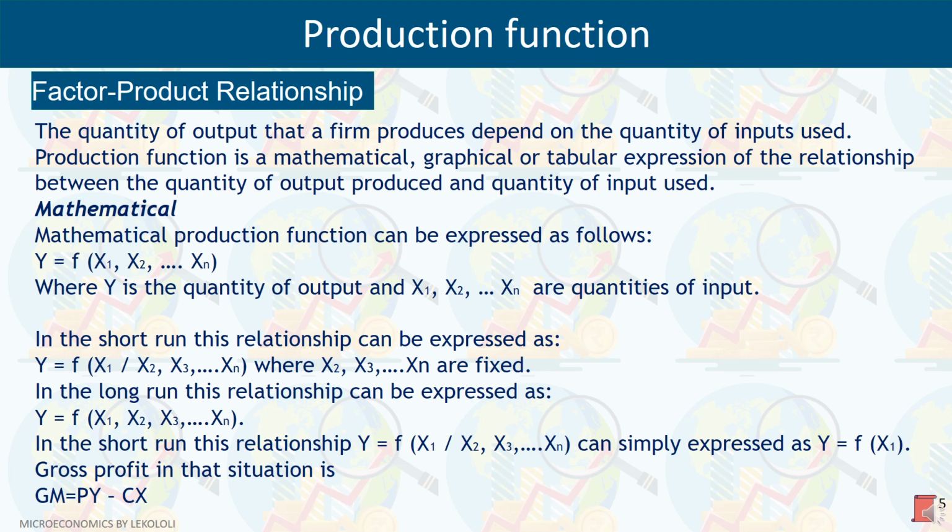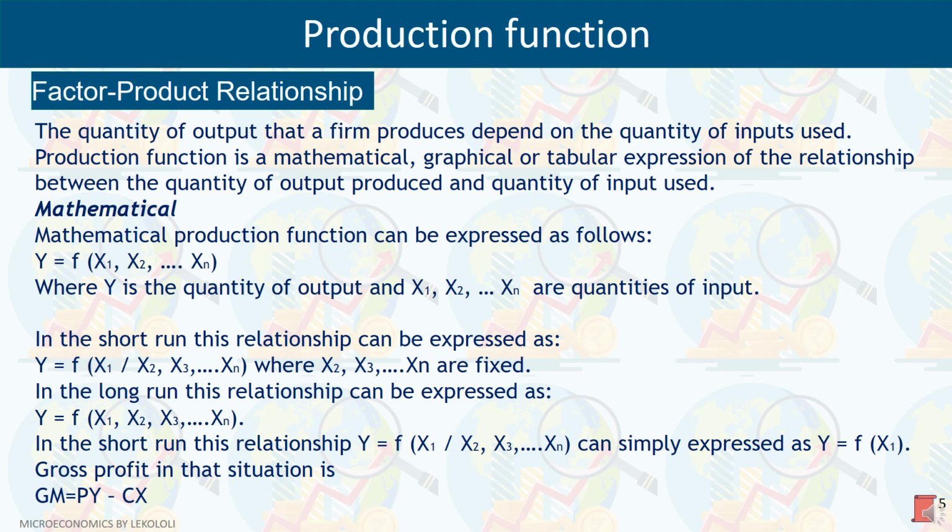Essentially, we are saying that in the short run, we can only change the variable inputs like labor and materials, while some inputs like machinery or facilities remain fixed.